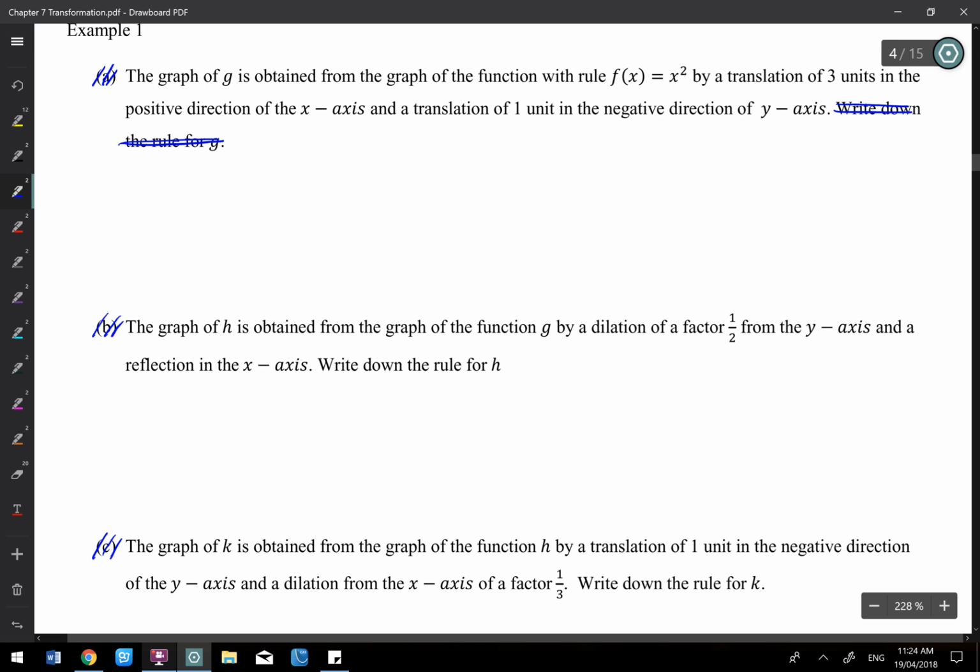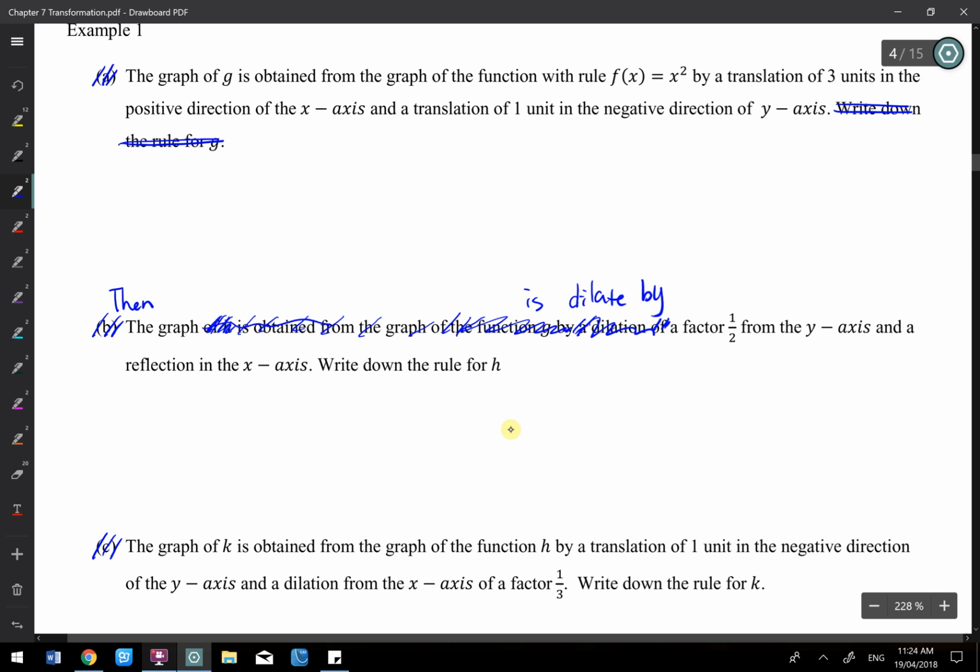So keep going. Then I just combine everything together. Okay, then the graph is dilated by a factor of a half.